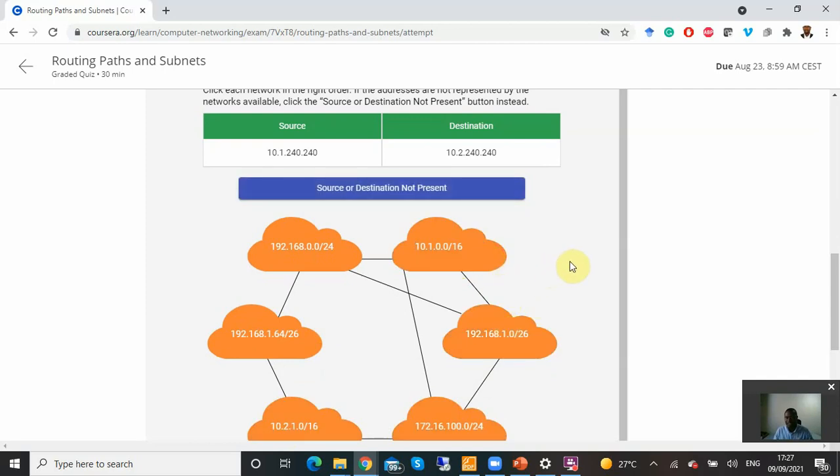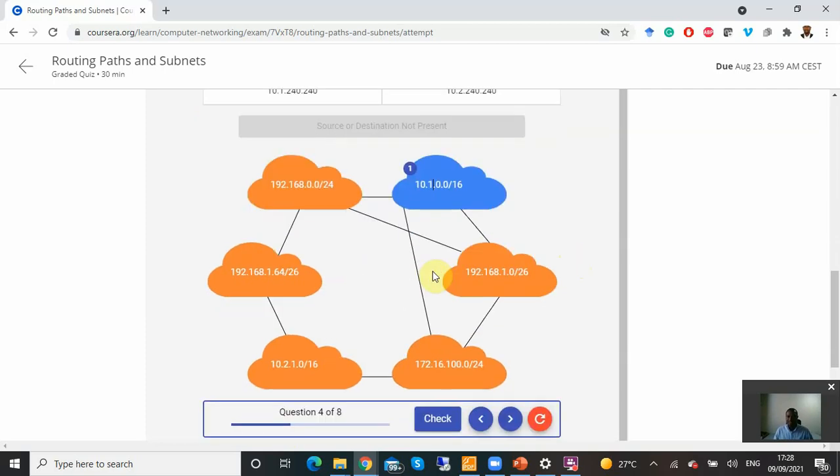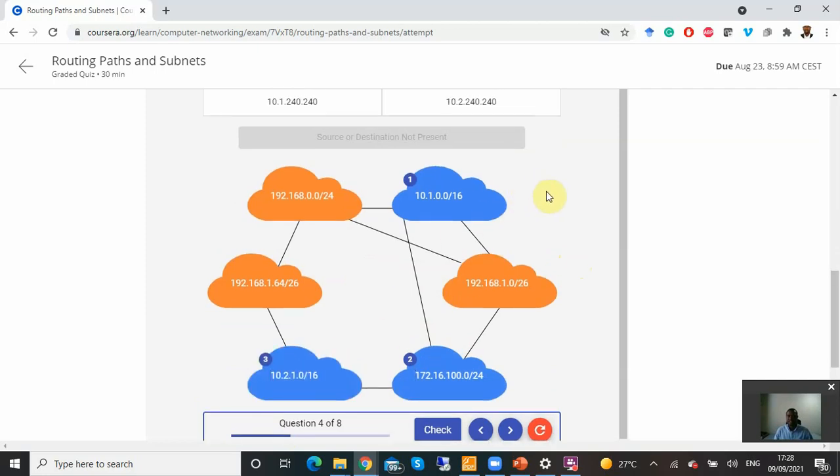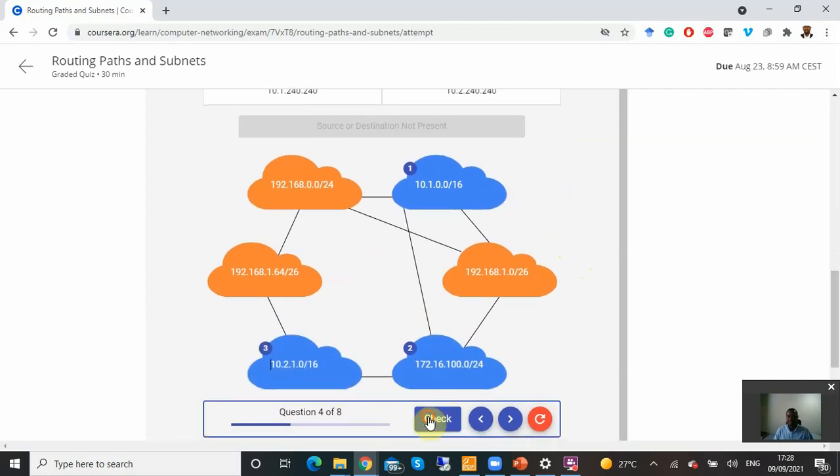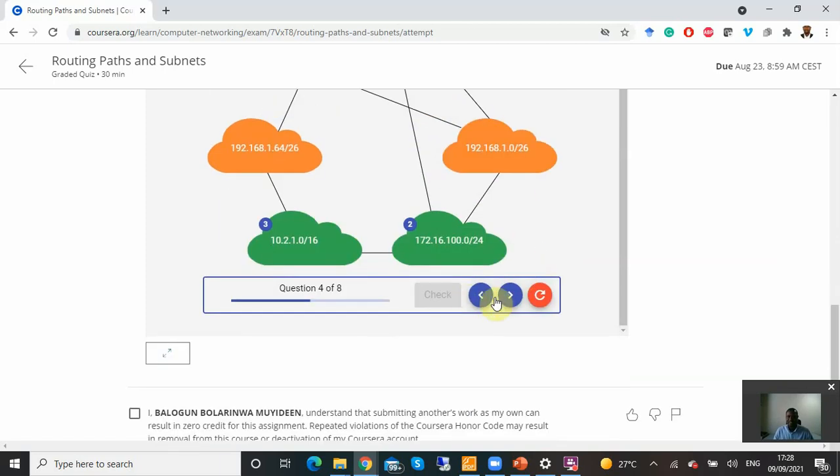The shortest path here will be 1, 2, 3. Now let's check. As you can see, it's also turned green to show that the answer is correct. Let's move to the next question.